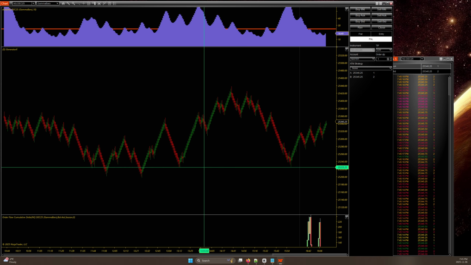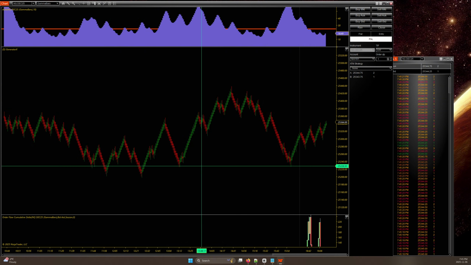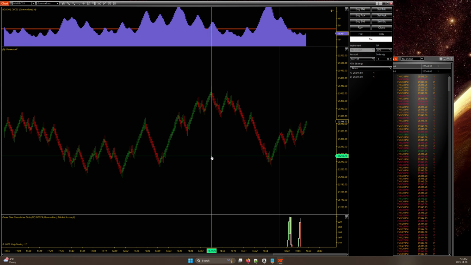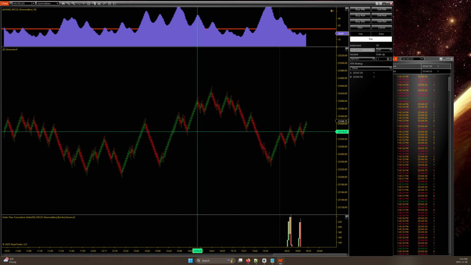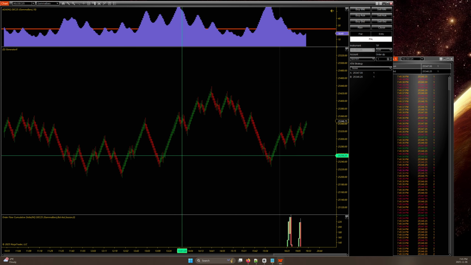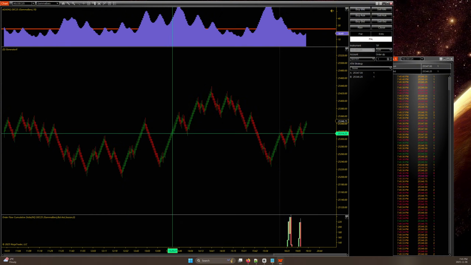That's for NQ, but for YM you might do a 10, 12, 15. And for ES, I think it's a little bit lower, like a 5 or 6, just because there's a lot of movement and a lot of ticks that go through the market in NQ. It's mostly the movement.